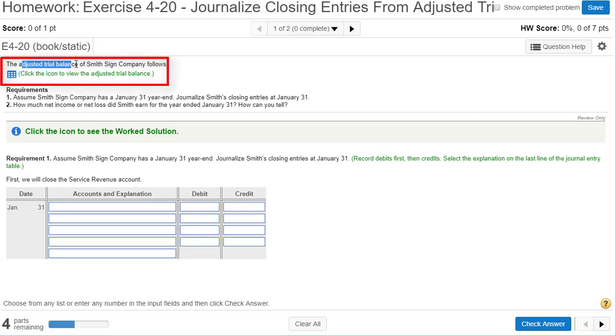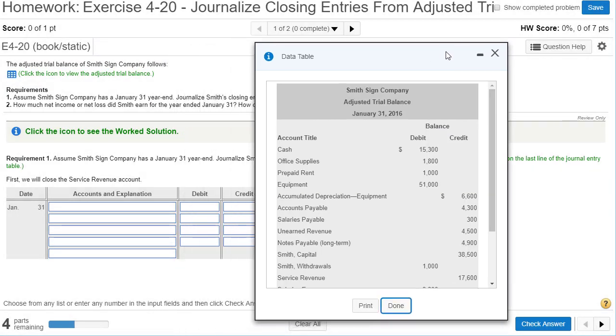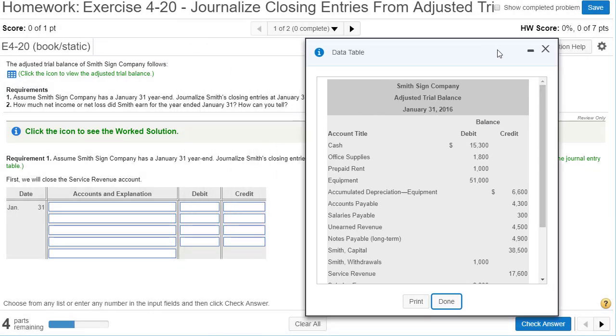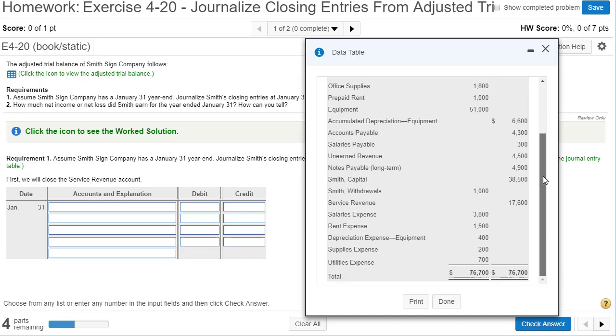So the adjusted trial balance of Smith Sign Company follows. So here's our adjusted trial balance. This is just part of the worksheet, and this is the worksheet that shows the adjusted trial balances. So these are the balances after our adjustments. And we can scroll up and down.